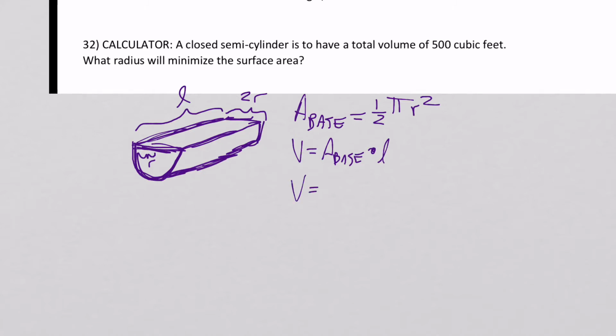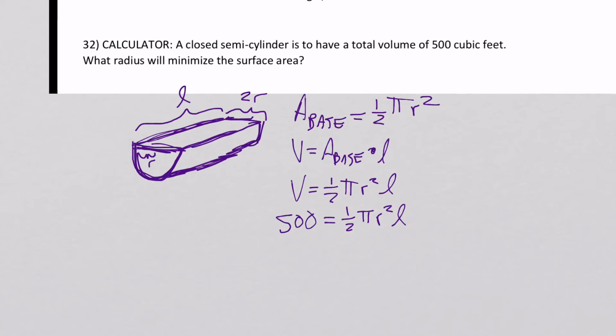So volume will equal 1/2 pi r squared L. And we know the volume needs to equal 500. So 500 has to equal 1/2 pi r squared times L. Okay, so there you have that.